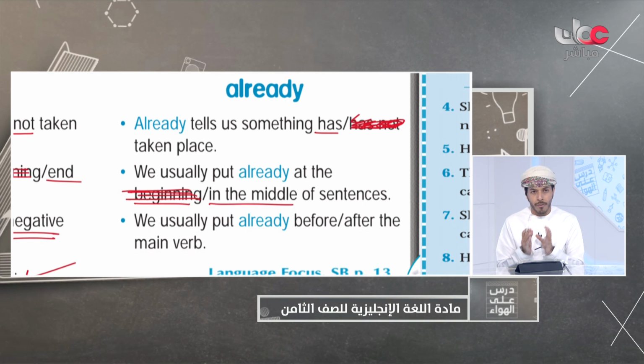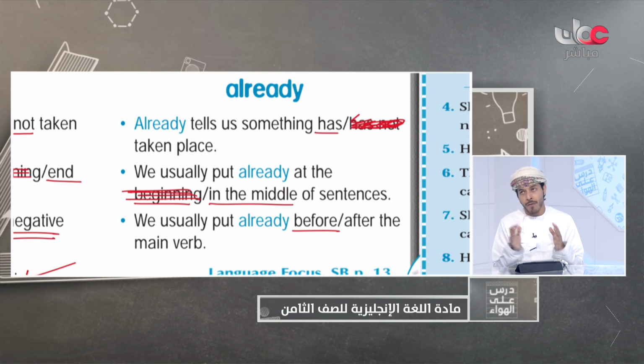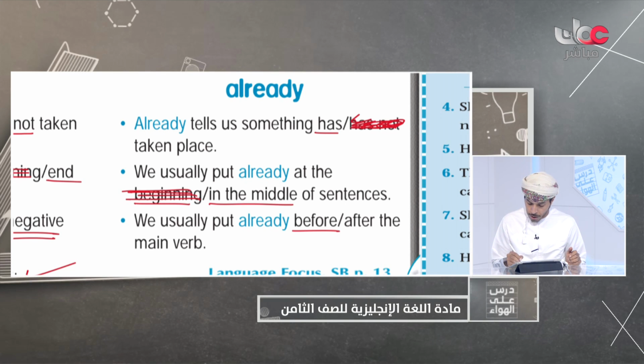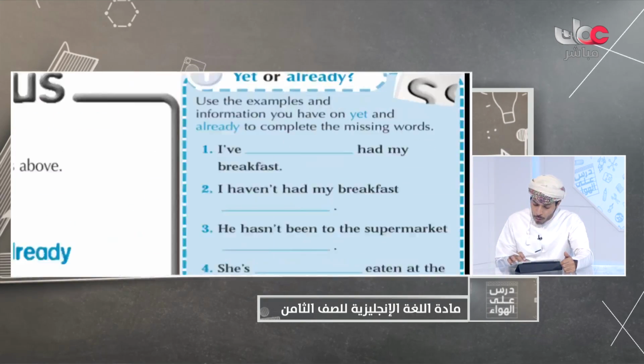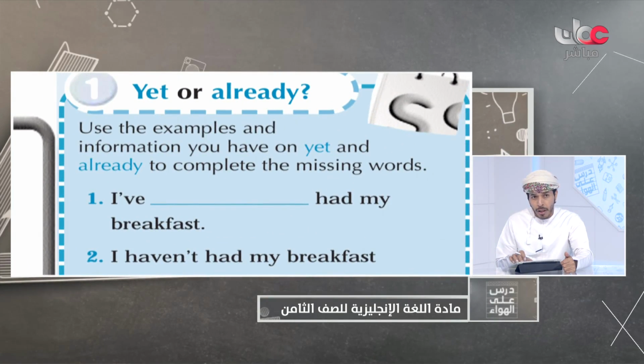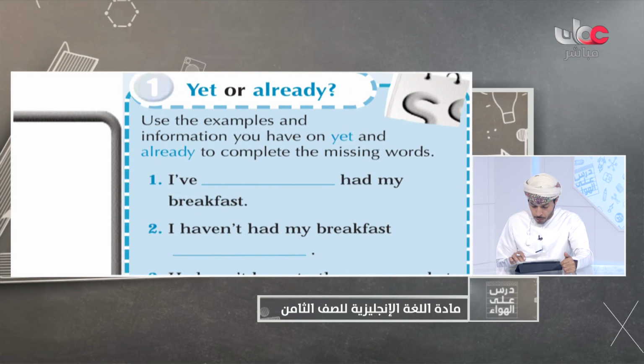Of course, we put it before the main verb. Okay, I have already been there, so not after the main verb. Good. This is going to be your homework, inshallah, but I will explain the first two points for you.